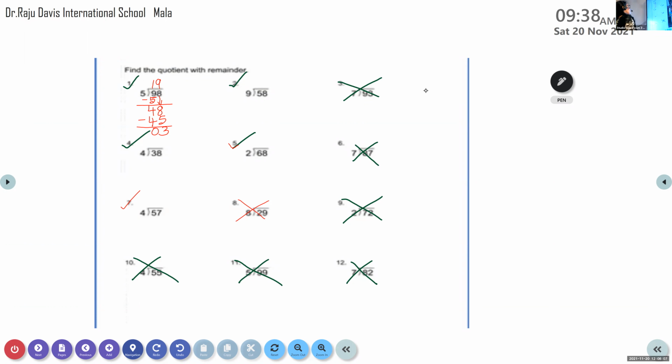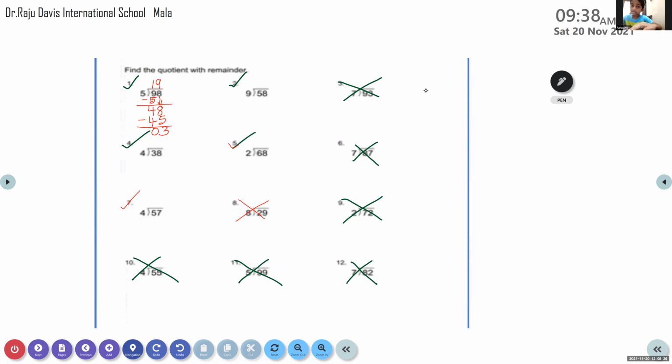Let me start with Advait. Advait, second question. 58 divided by 9. What is the first step to be done? You have to compare 5 and 9. 5 is smaller than 9, isn't it? So what is to be done? What did you do? Compare two digits.